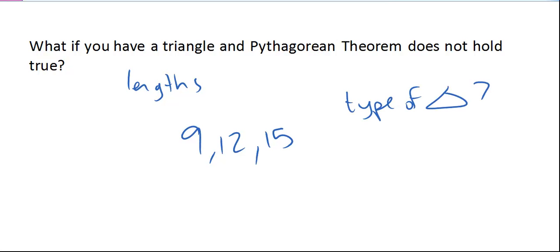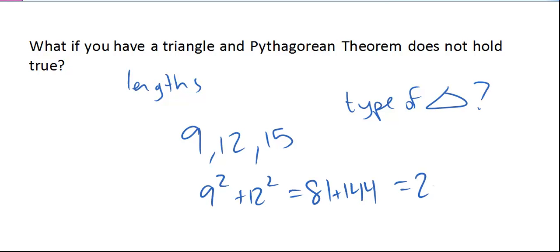Well, we can use the Pythagorean theorem to help us, right? And I can test it. It turns out in this case that 9 squared plus 12 squared would give me 81 plus 144, which is 225, and that is equal to 15 squared. So the Pythagorean theorem works. We know this is a right triangle.